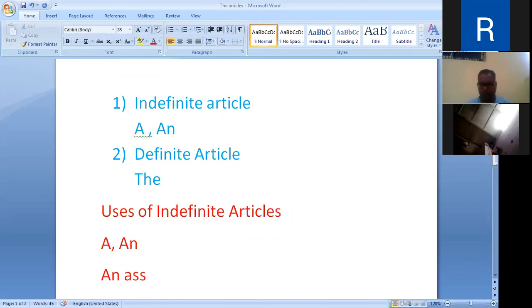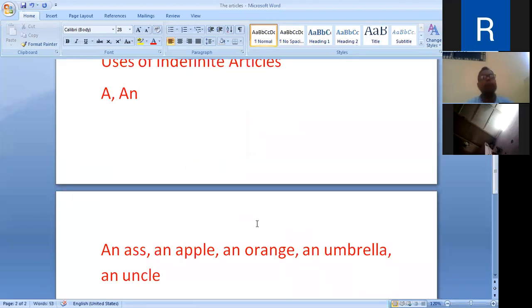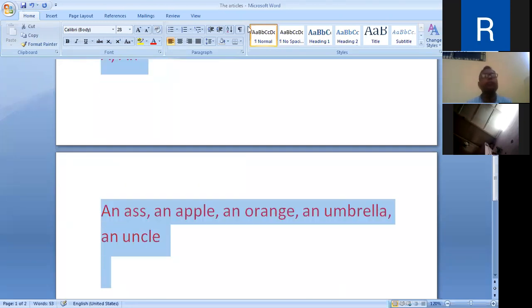An apple, an orange, an umbrella, an uncle.